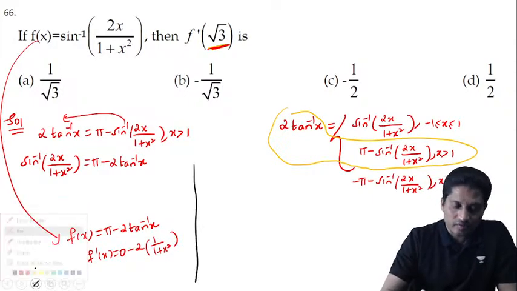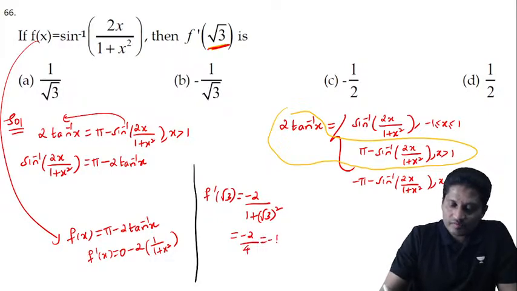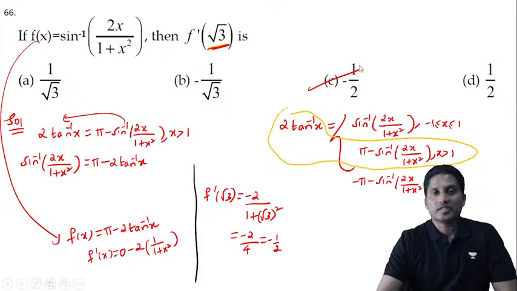Now f dash of root 3 will be minus 2 divided by 1 plus root 3 the whole square. This is minus 2 divided by 4, which is equal to minus half. Answer is option C.